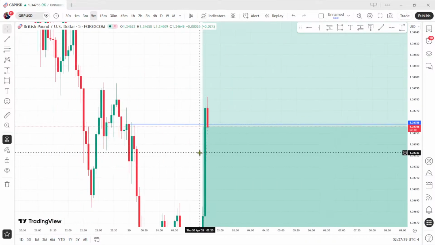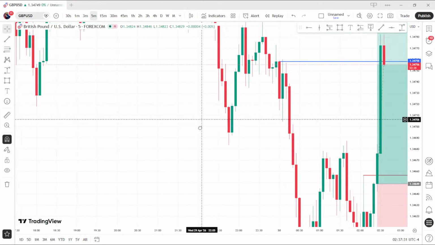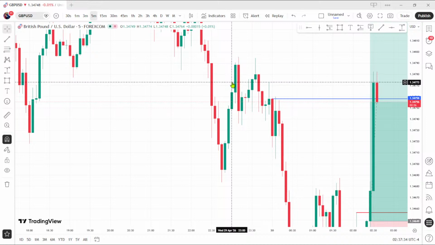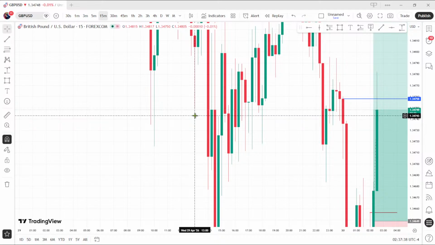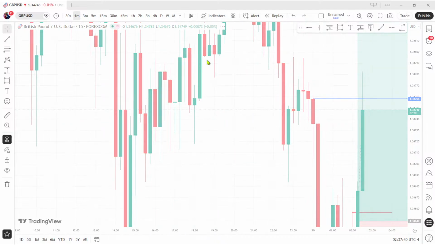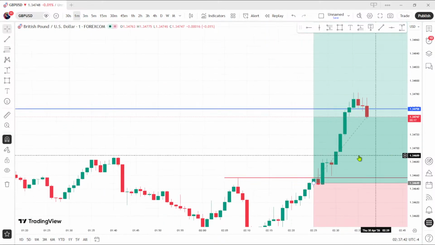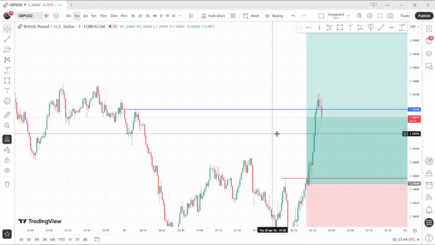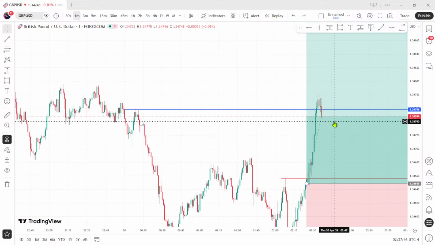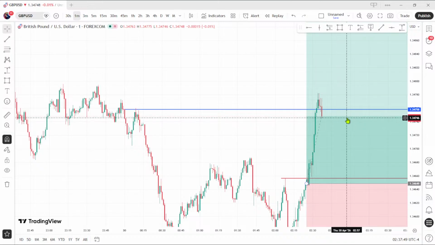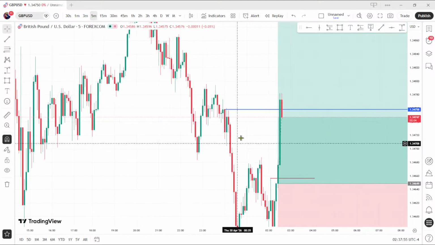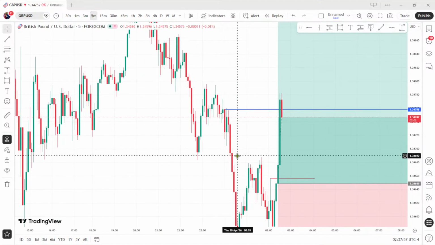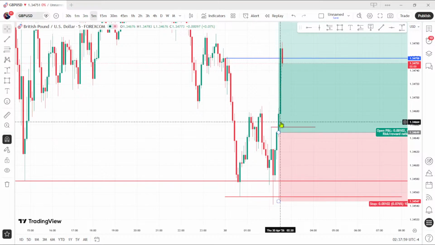In the 5 minutes, see it has retraced to that. That is the earliest entry, but we also want to wait for a 5-minute fair value gap retracement inside it.